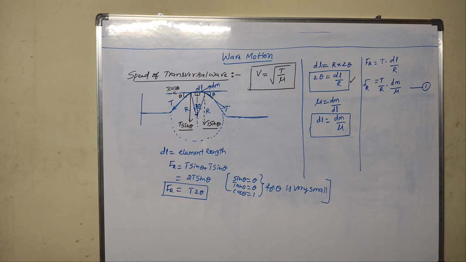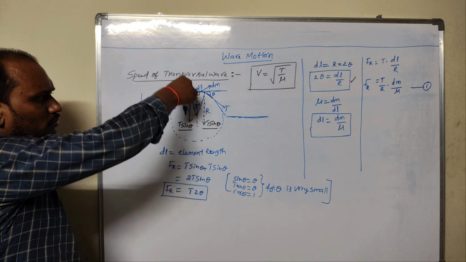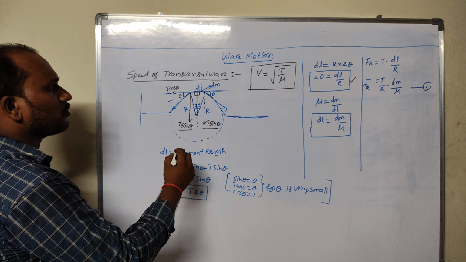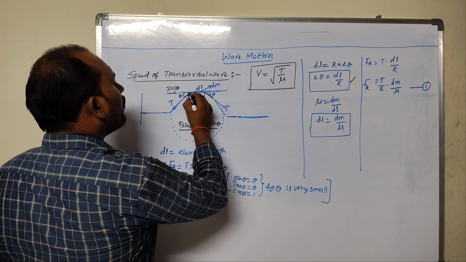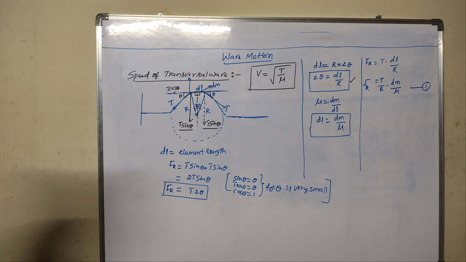I hope you people have understood till now. Don't confuse. So Fr is equal to T by r into dm by mu. Observe here, the downward force is the restoring force. Upward, a centrifugal force is acting. Centripetal force or centrifugal force.